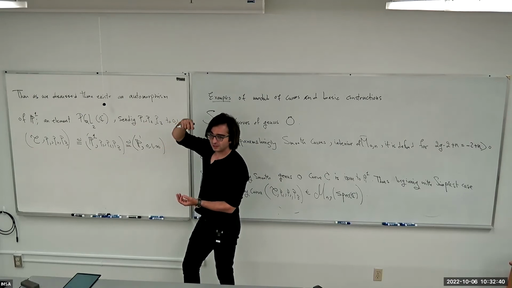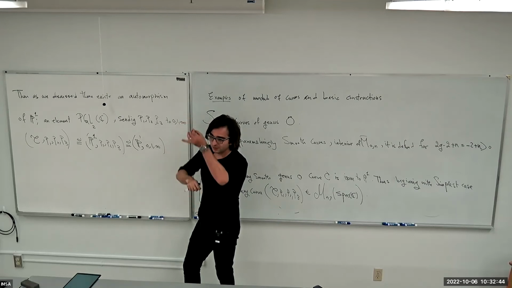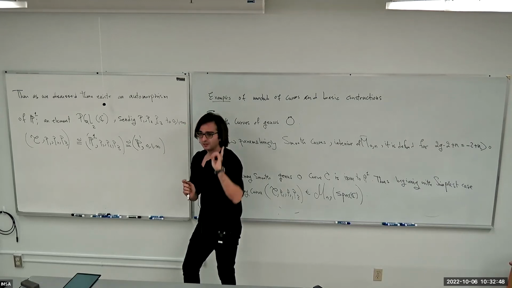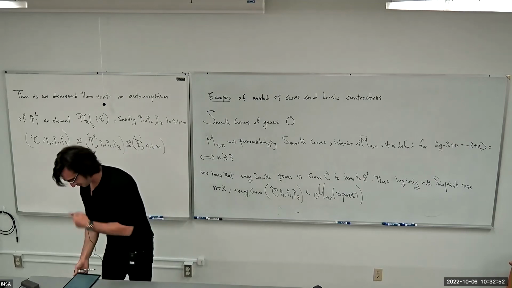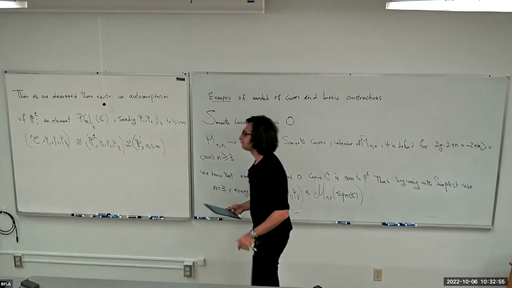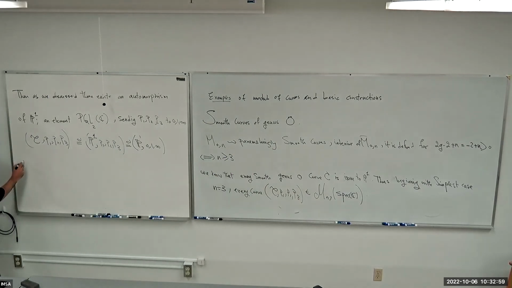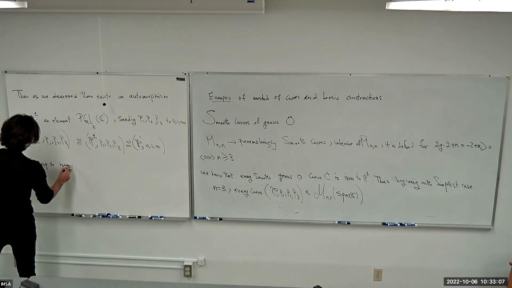So 0 is the south pole, infinity is the north pole, and 1 is anything on the diagonal, what is it called? Equator. Yeah. Okay. That's up to isomorphism.